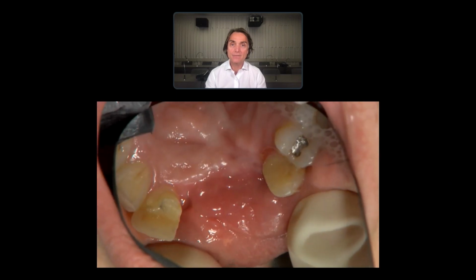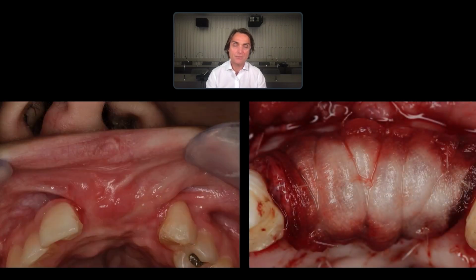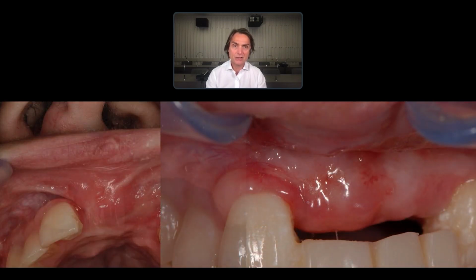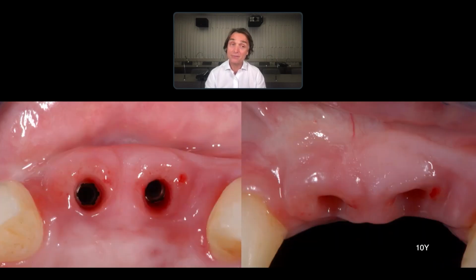And you see here, the patient is leaving like that, the patient is coming back like that, and we have a picture of a 10-year follow-up on this strip gingival graft in combination with the collagen matrix, which is great.